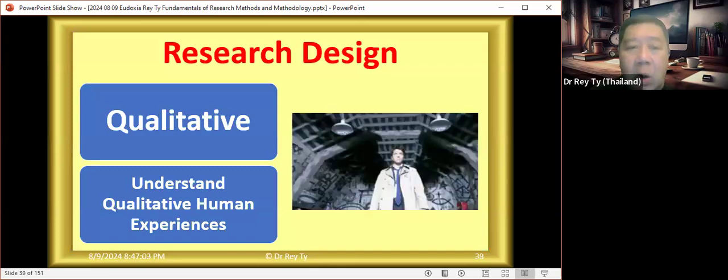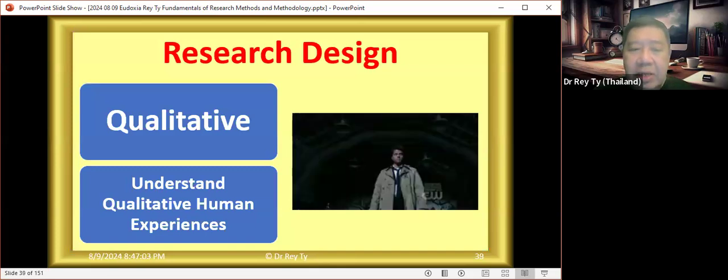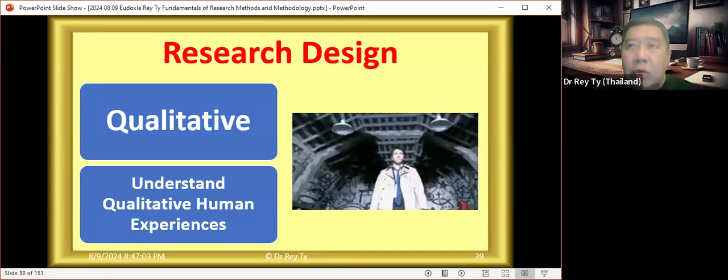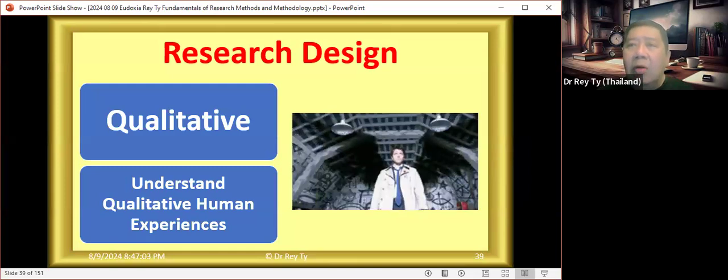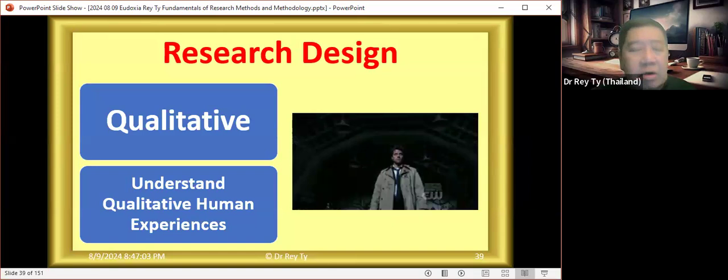The qualitative research design is used if you want to understand human experience. For example, you want to look at the experience of a domestic worker from, let's say, South Asia or Southeast Asia working in the Gulf states.